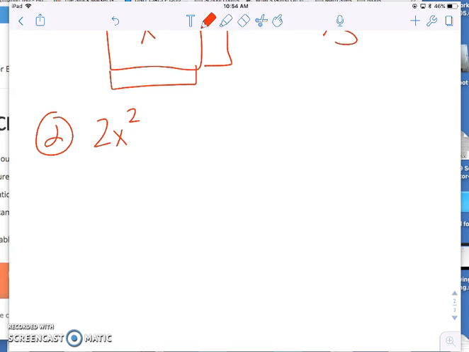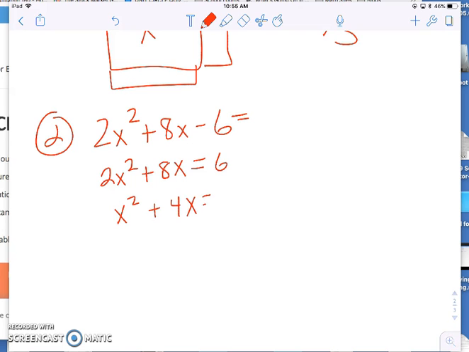So like 2x squared plus 8x minus 6. Well, this one's really easy, because we could rewrite it as 2x squared plus 8x equals positive 6. Everything's divisible by 2, so we have x squared plus 4x equals 3. Well, that's easy to draw a picture of.